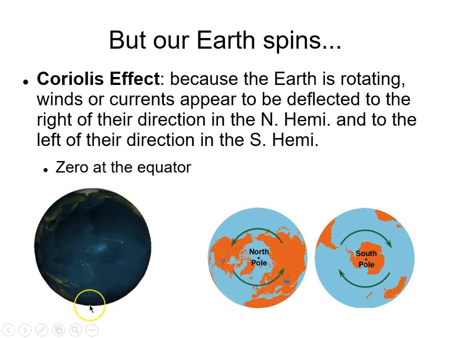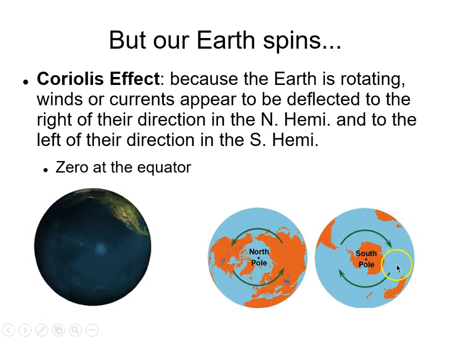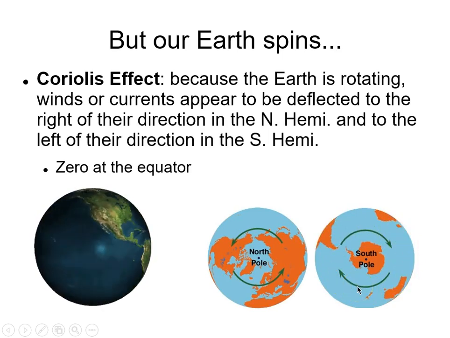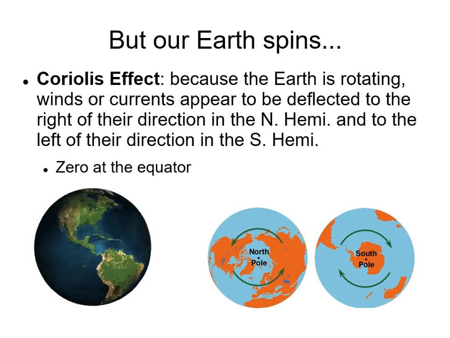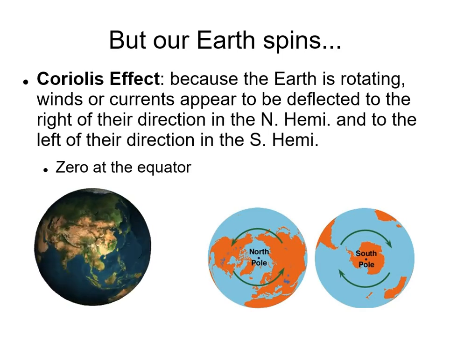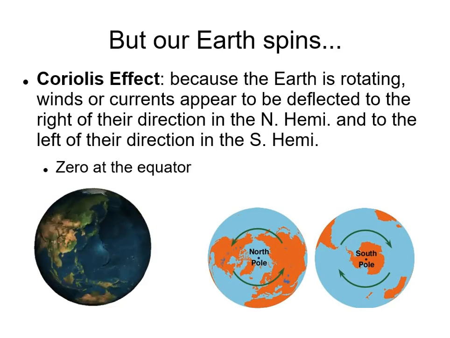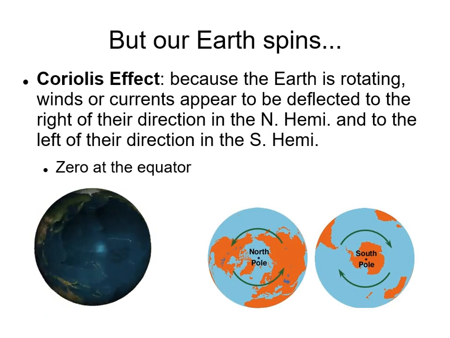But if you go down here and you look, the Earth actually appears to be circulating clockwise, all right? And so that essentially makes it so that the way that the air is deflected is different in the North Pole and the South Pole, and right at the middle, there's no effect by Coriolis. There's no Coriolis effect, all right?